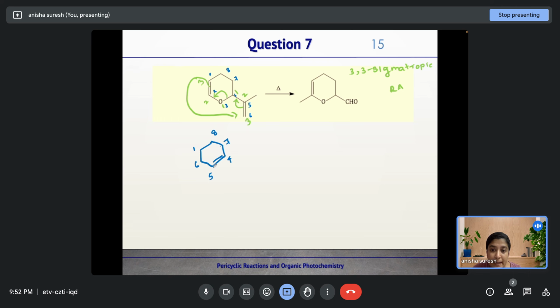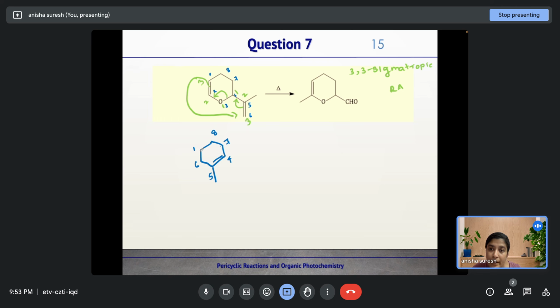On 5 there is a methyl group, and on 4 there is a, this bond is broken.